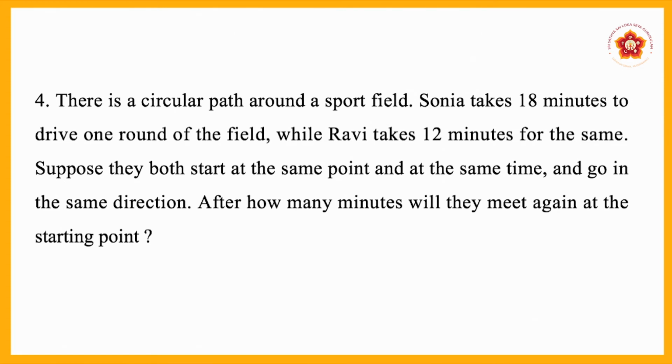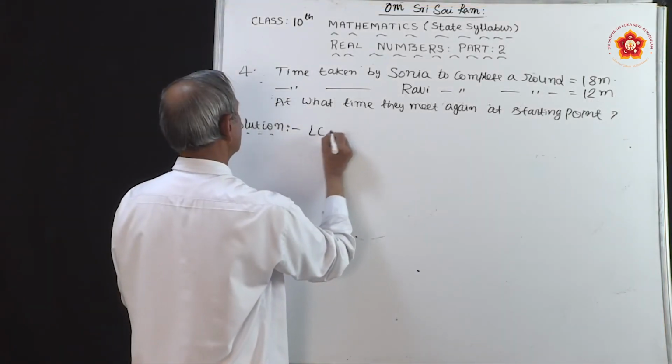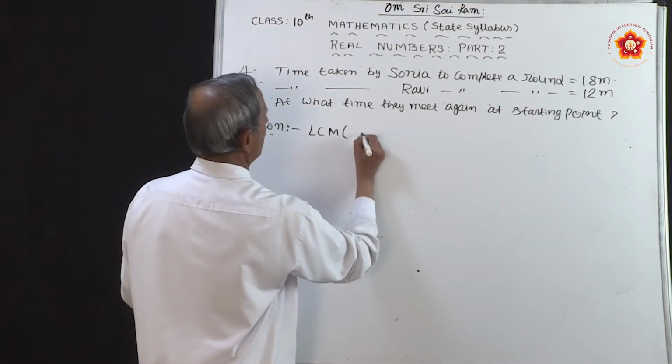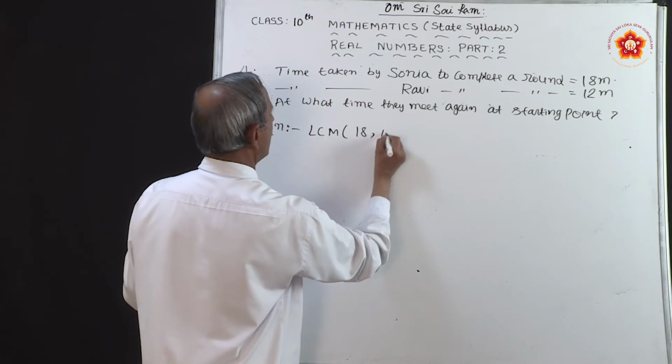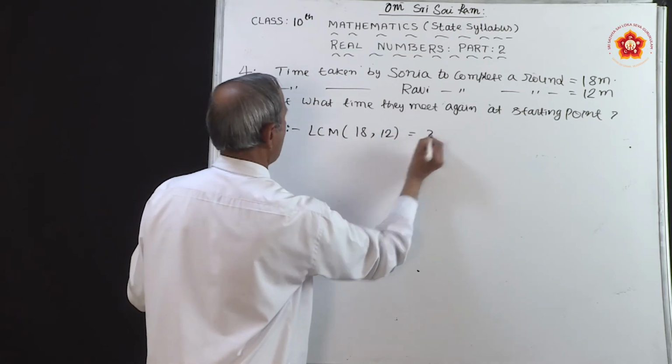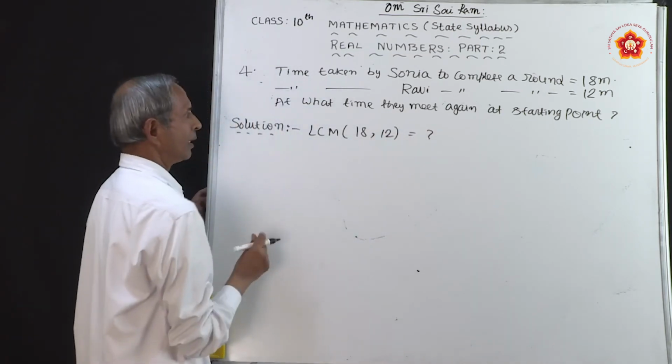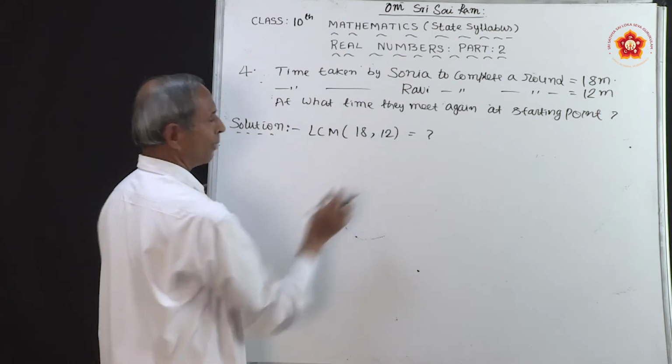Now, let us start to find the LCM of these numbers. I will find out the LCM first. LCM of 18 and 12 you have to find out. Now, let us do this by the prime factor method.